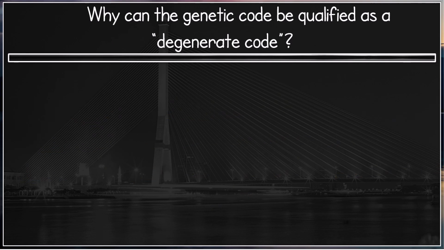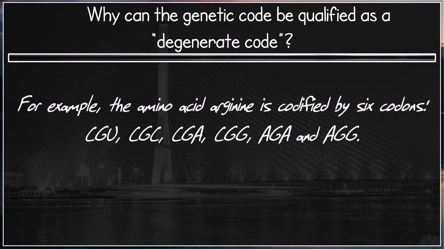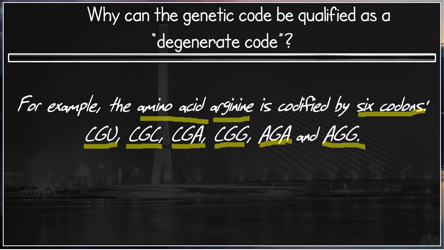For example, the amino acid arginine is codified by 6 codons: cytosine, guanine, uracil; cytosine, guanine, cytosine; cytosine, guanine, adenine; cytosine, guanine, guanine; adenine, guanine, adenine; adenine, guanine, guanine.